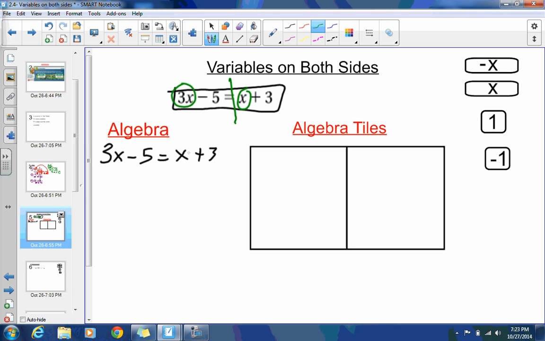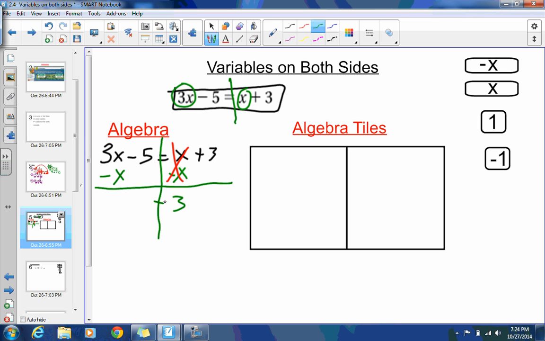And if you remember, if this x was a 6, we just subtract 6 from both sides. But this is an x, so let's subtract an x, because that'll cancel out that x. We don't want it on this side anymore. But you have to do that to the other side to keep it balanced. So that'll nicely cancel out right there, and what you're left with on the right side is just a 3.